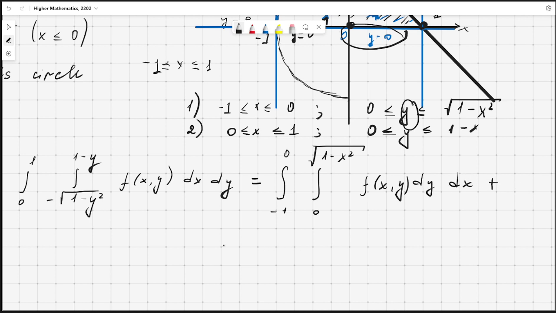Plus the second integral from 0 to 1 with respect to x, and integral from 0 to 1 minus x of f of x, y, dy dx.